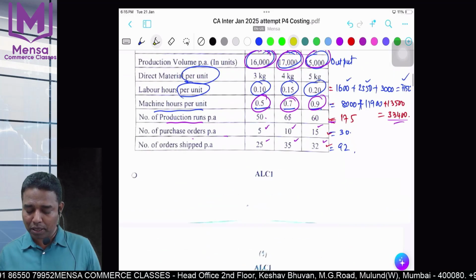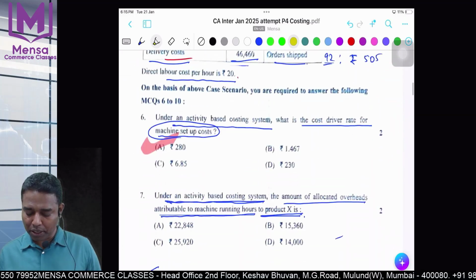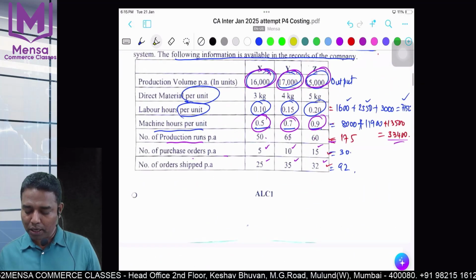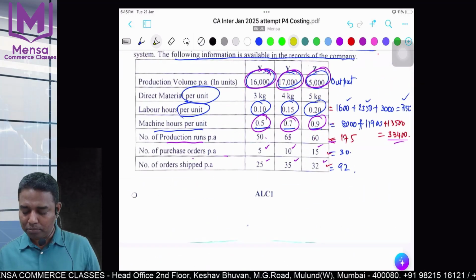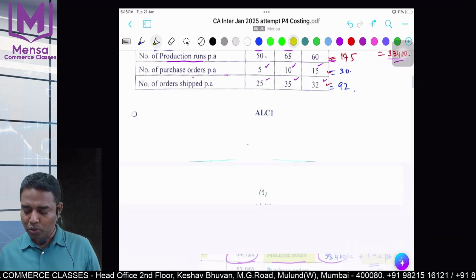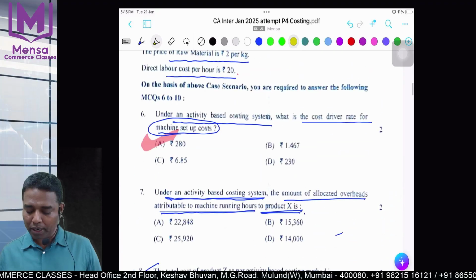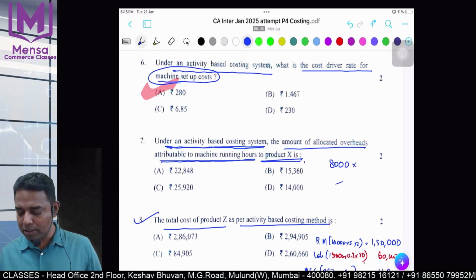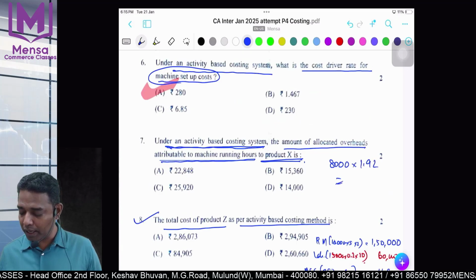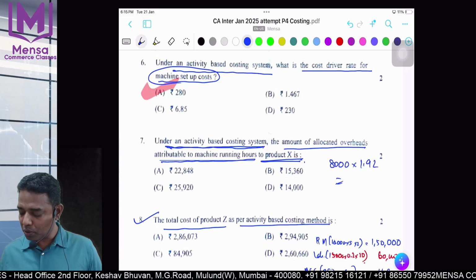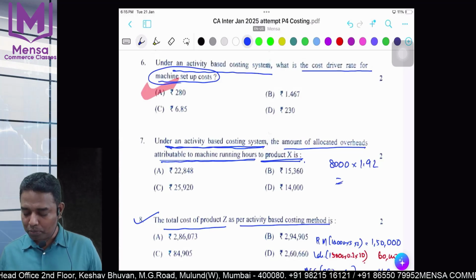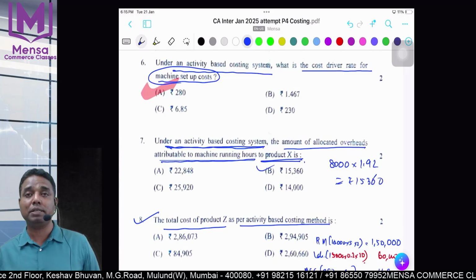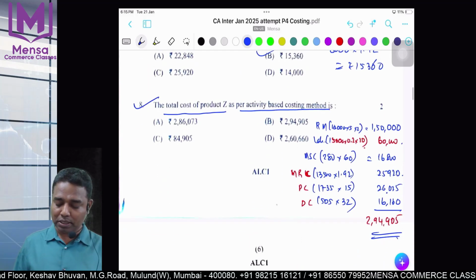And how much is the machine hour for your product number X? So machine hours for product number X is 8,000. So 8,000 hours into 1.92 is the rate. So 8,000 into 1.92 comes to 15,360. We have done the calculation so that it is easy and faster, so we don't waste time there.